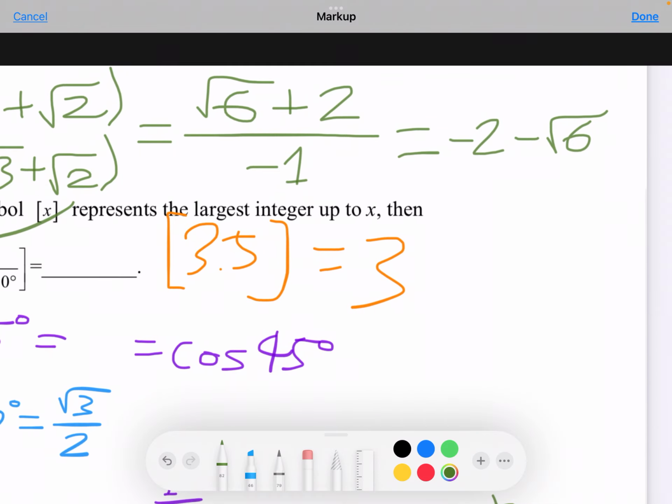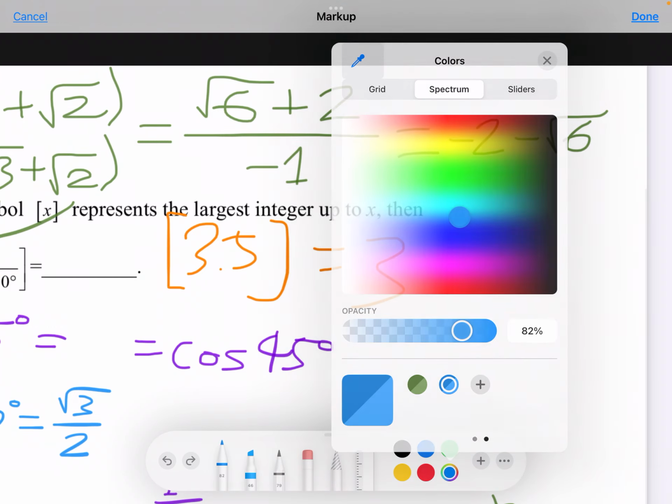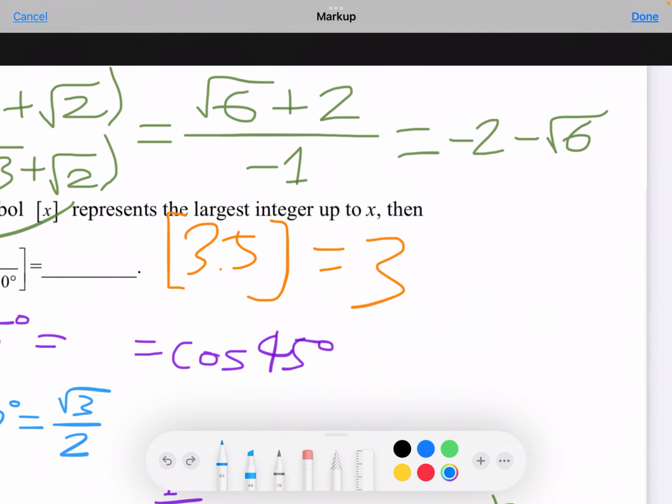And we can easily estimate square root of 6 using what we already know about square roots. Square root of 4 is equal to 2, square root of 9 is equal to 3.